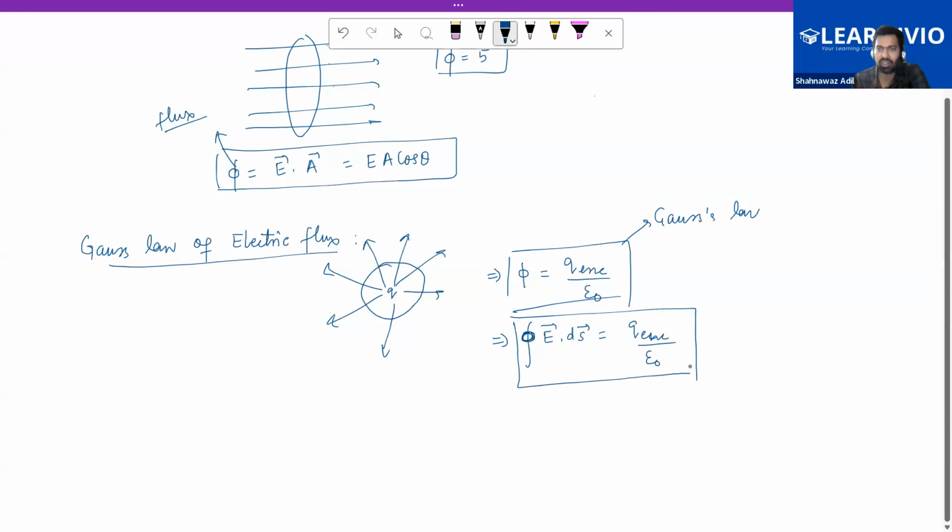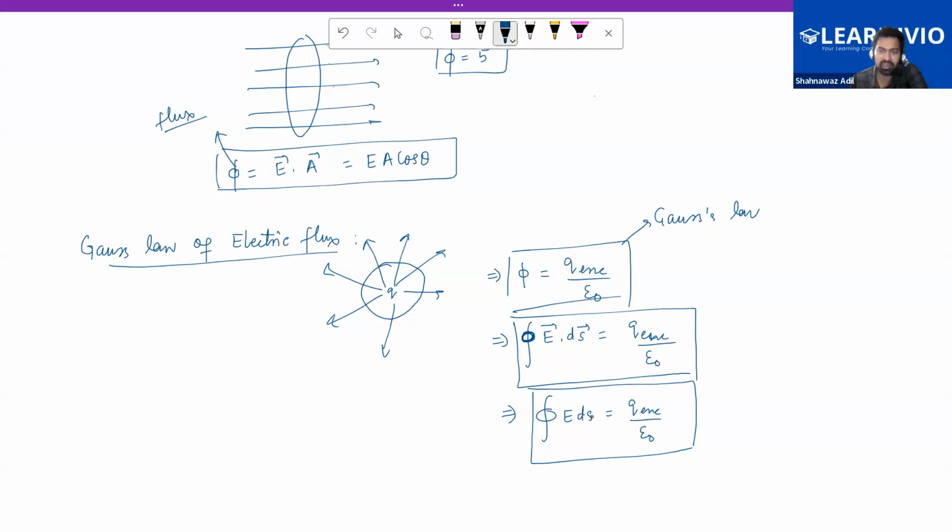These things you have done already, so I will not elaborate on them. Because of this closed loop, we have this Gaussian surface, right? So by using the Gaussian surface, we can write this closed loop as simply EDS. The Gaussian surface is one in which, for E dot ds, the angle between electric field and ds is either 0 or 90. If it is 90, then this would be 0.